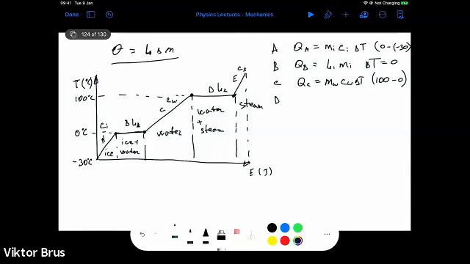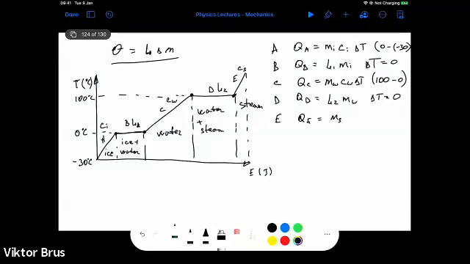Then we have part D. QD is also a phase transition. So we have latent heat 2 of water, conversion to gas, and the mass of water. Again, delta T is equal to 0 here. And part E, QE, is equal to the mass of steam.